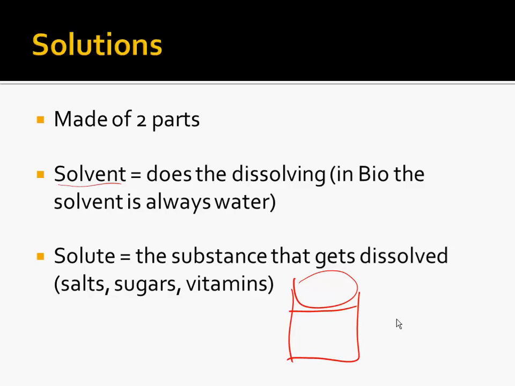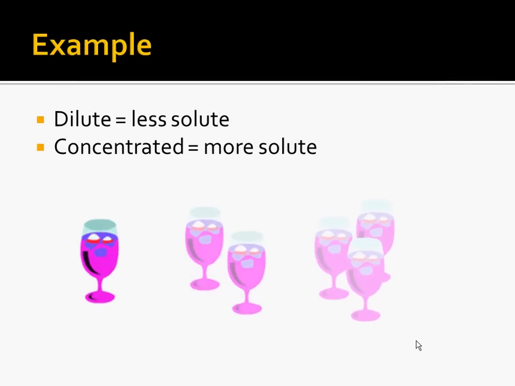Like we did with our gummies, we made salt water. Water is the solvent, and the salt, when I throw it in there, got dissolved. It is the solute. So salty water is a solution. It's made up of the solvent and the solute.